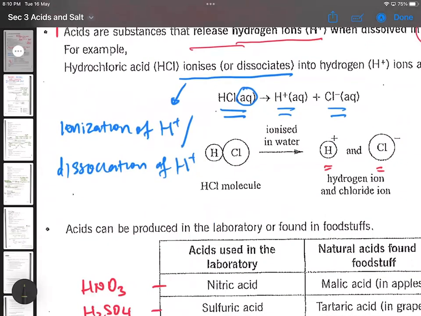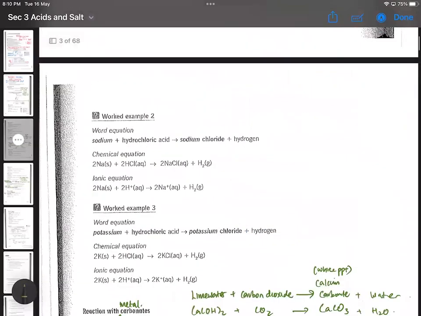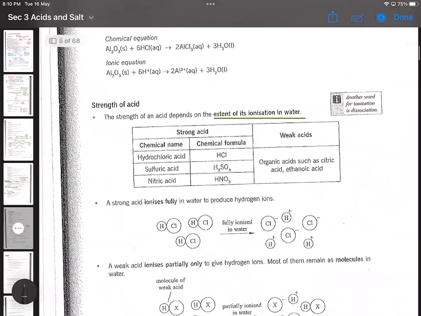We call this process ionization of H plus or dissociation of H plus. So this HCl molecule breaks down to give you H plus and Cl minus. This process is ionization or dissociation of H plus. So the strength of an acid depends on the extent of its ionization in water.